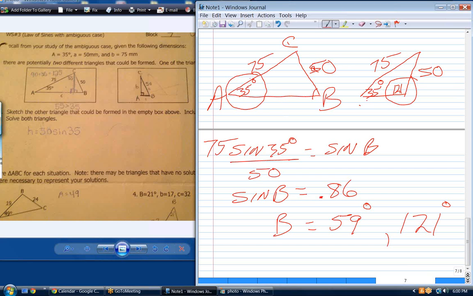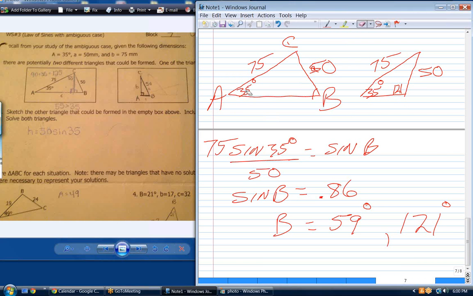The only angle I knew, given the data that was given to me, was this one angle of 35 degrees. That's the angle that cannot be over 90 if it's an ambiguous case.